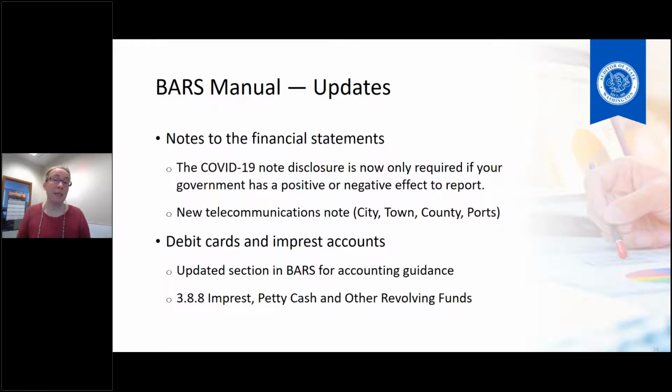If you provide these services, you will need to disclose that this new note come December. It is going to ask you to split out your revenues and expenses and capital outlays for telecommunication services that you have provided.